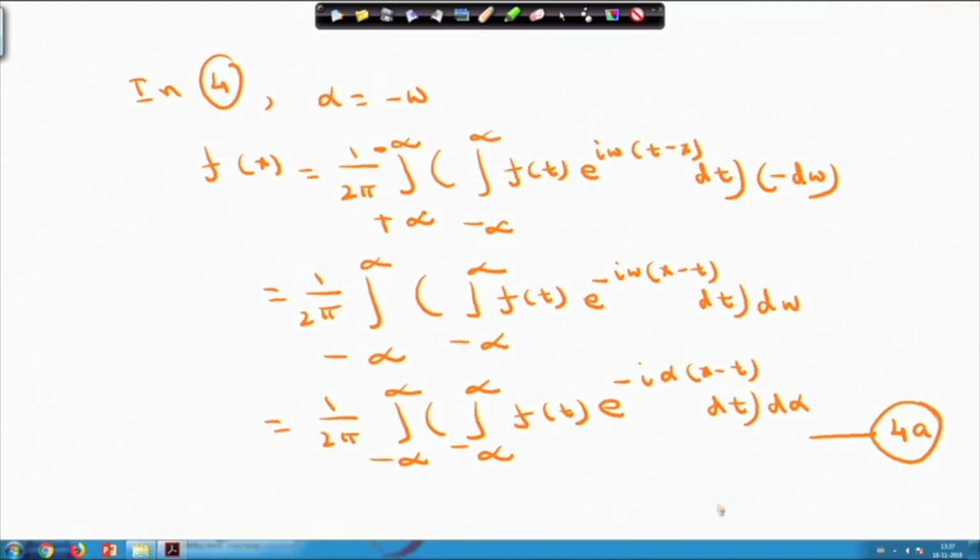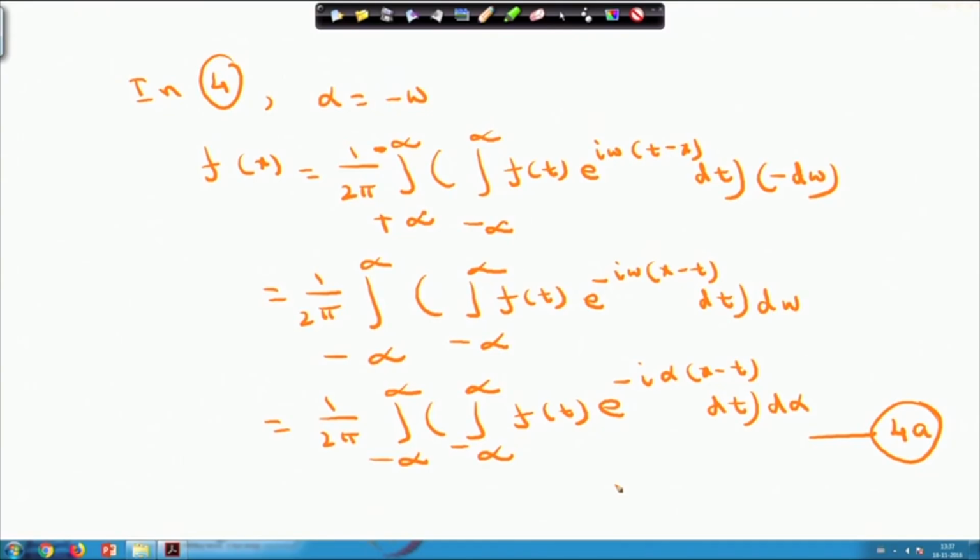So, earlier I used equation 4 and I obtained equations 9 and 10, which are the Fourier transform of the function f(x) and the inverse Fourier transform of the function capital F(alpha).